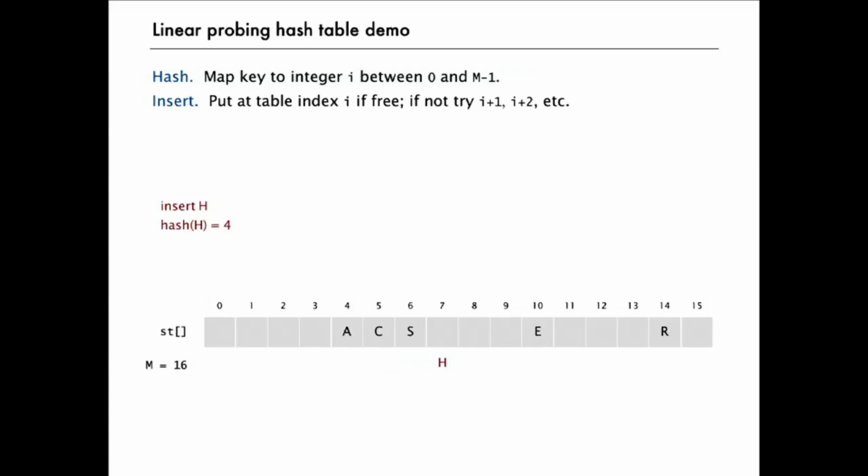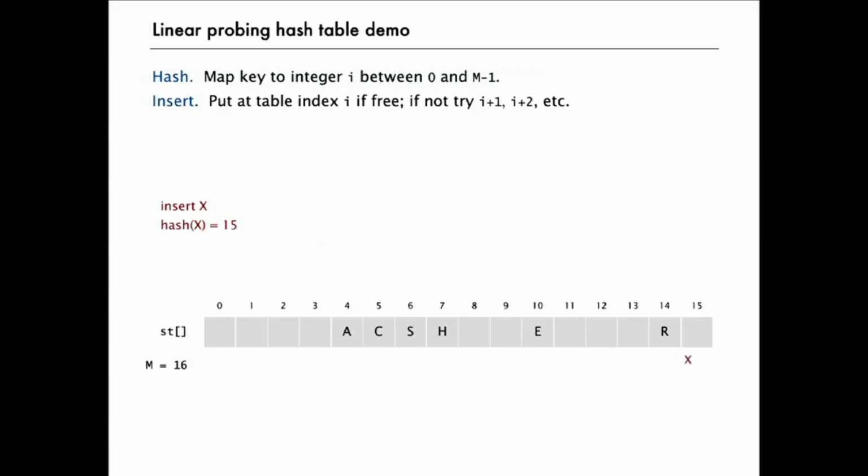We keep going till we find an empty place, and then we put H there. Now when we search, we're going to have to do the same thing. We're going to have to look at all those positions to find H. The group of 4 contiguous keys in a table space there is called a cluster, and clearly we want to keep those clusters small. And we do that by just not putting too many keys into the table.